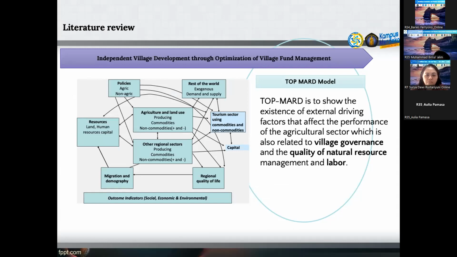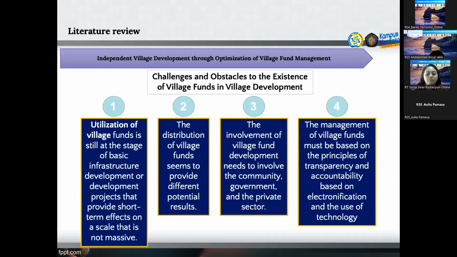All right. This is what we use in the literature review, the top model. Basically, the idea of this model is related to village governance, the quality of natural resources, and lastly, labor, and how these aspects are interconnected to create a better village ecosystem. We also use obstacles to village development found empirically.